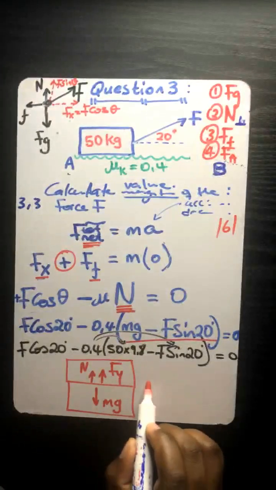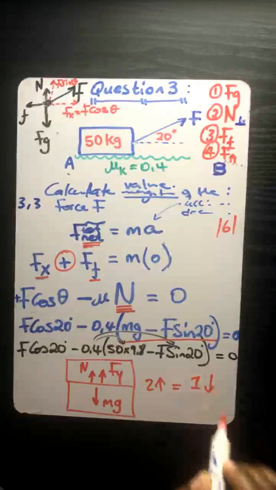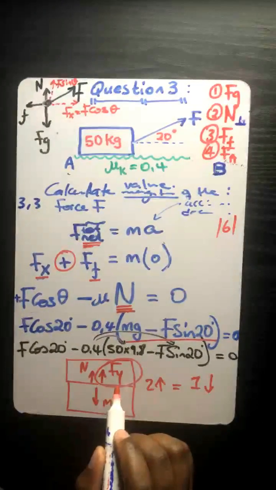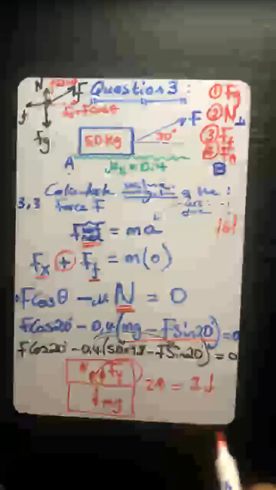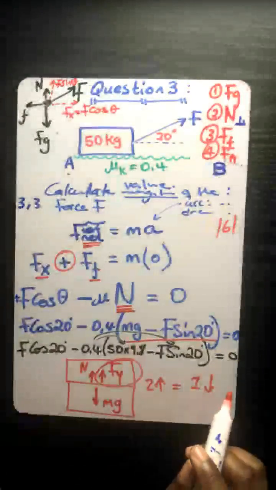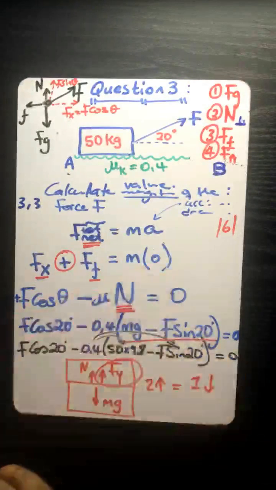So two forces going up must equal one force going down. The moment you exclude one, the object has vertical movement, either upward or downward. So you can't exclude any force.